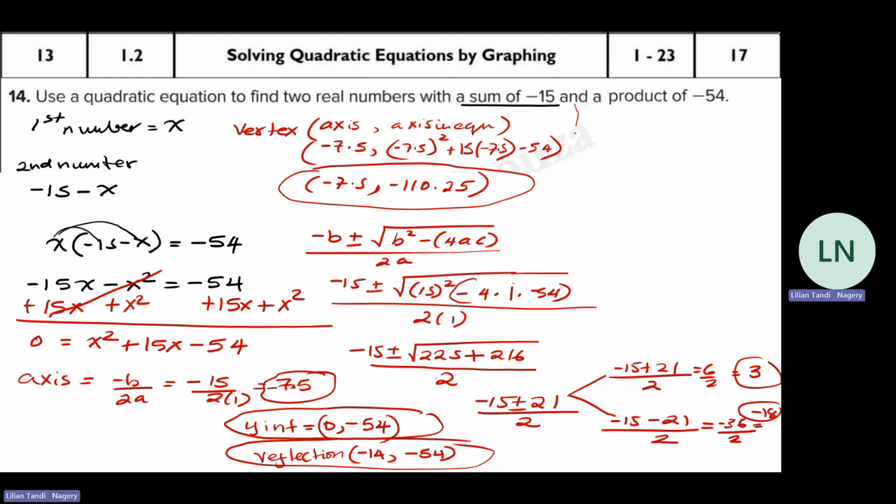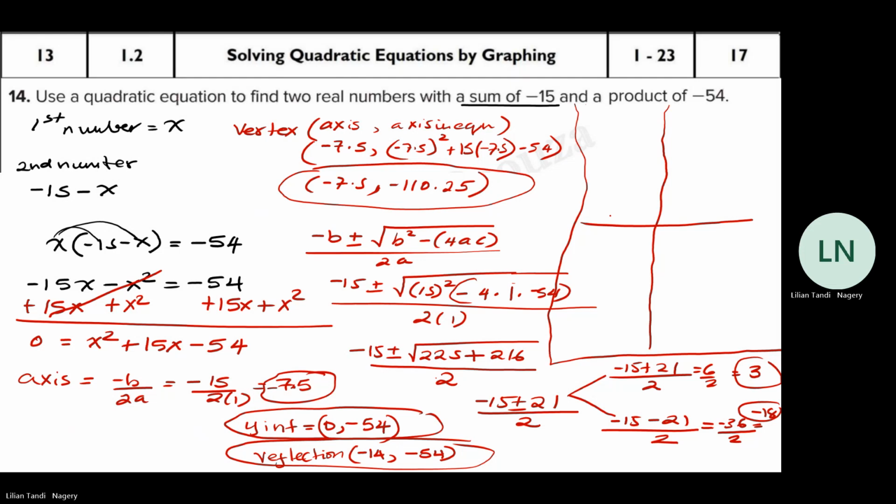Then now you are choosing your graph, because I think this is in the multiple choice section. So draw your coordinate plane where most of our numbers are on the negative side. Yes? Okay, so I need a bigger space on this side.